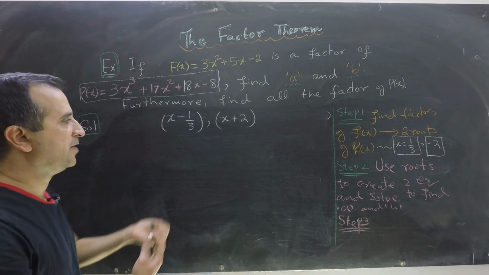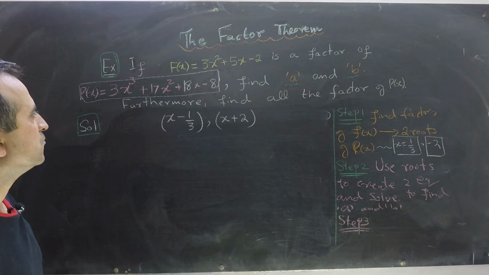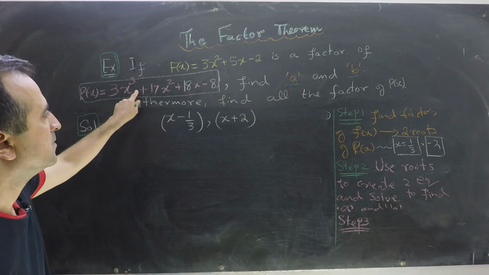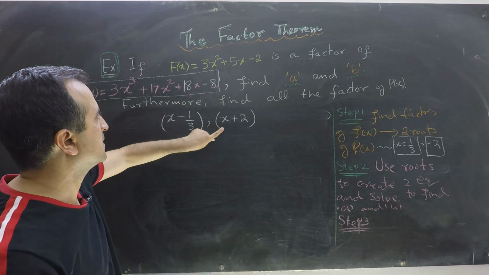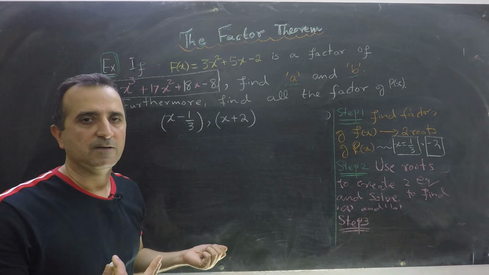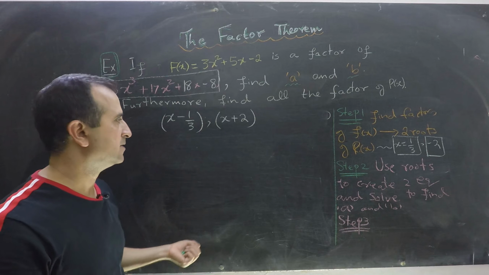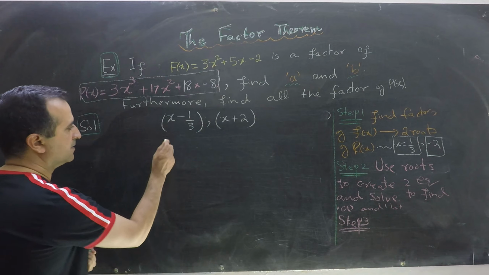So basically we have to find one remaining factor. To that end, we can divide this polynomial by this, because this has these two factors. And when we divide this polynomial by this, our quotient will be the last remaining factor. So let's perform this last step, step number 3.